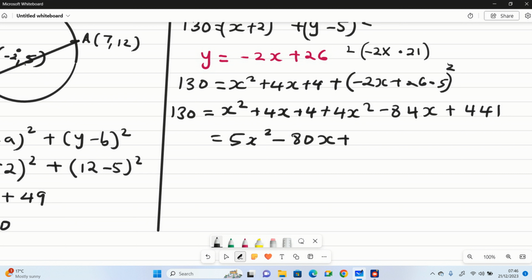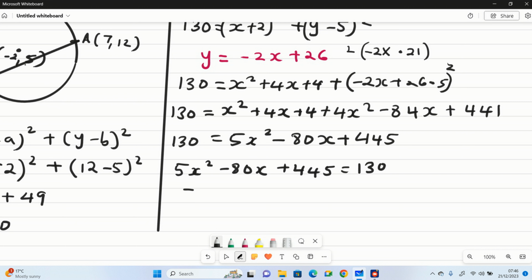Then plus 4 plus 441, you're getting 445. And then this is equal to 130. So we can turn the equation to be 5x squared minus 80x, then plus 445 equals 130.